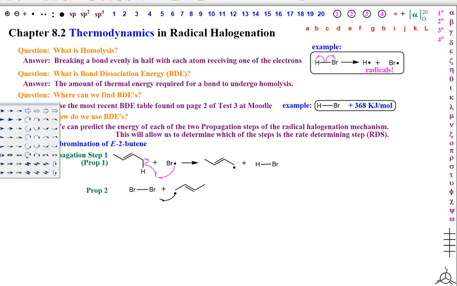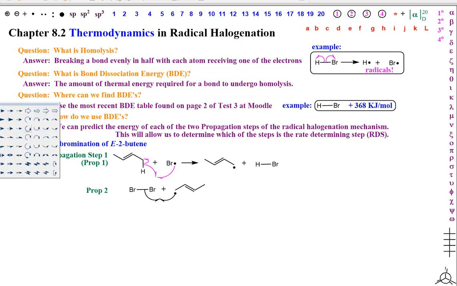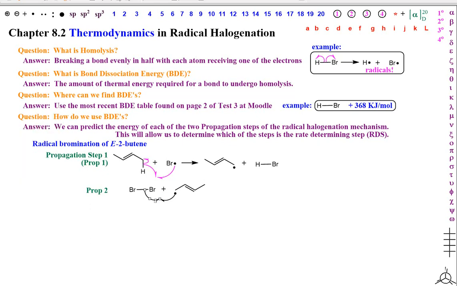The bond between Br and Br provides the other electron, and the other half of the bond ends up on the other Br, creating these two products. Here we formed an allylic bromide and bromine radical, which should look familiar.